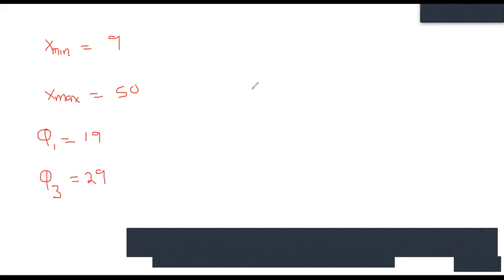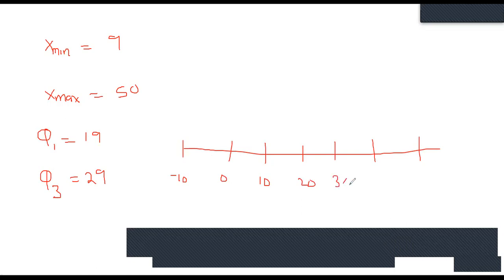So how do we draw this box whisker plot? It is important that you illustrate with your number line. That's important. All right, maybe -10, 0, 10, 20, 30, 40, 50.